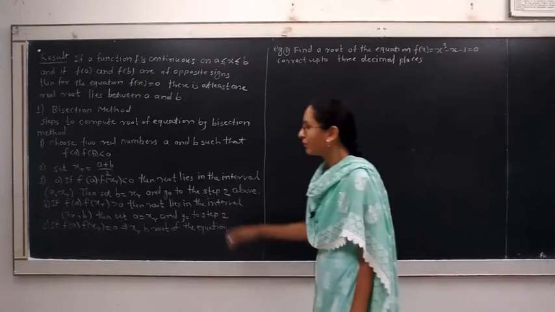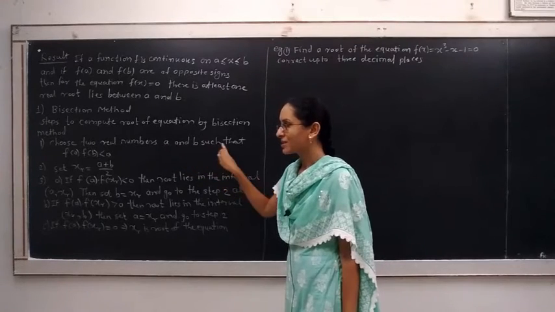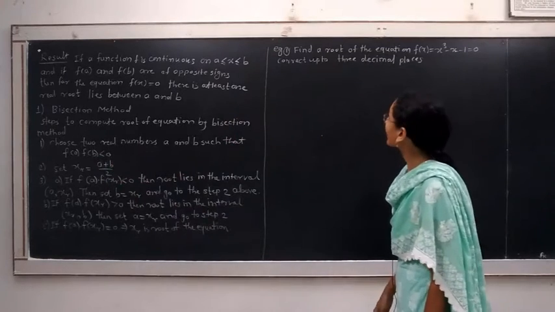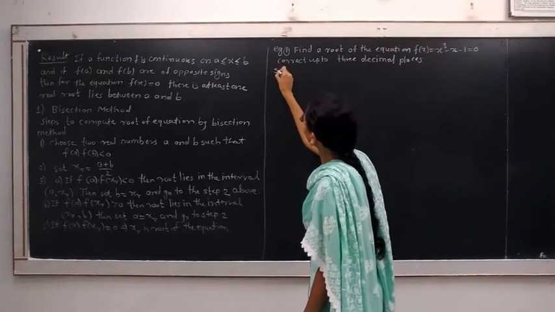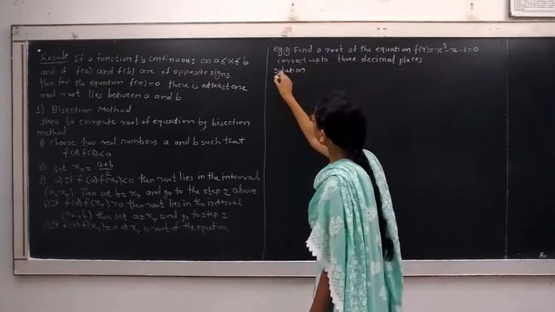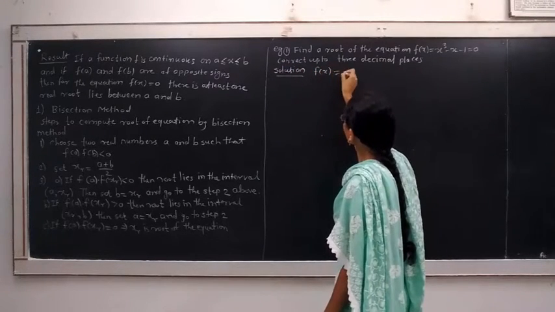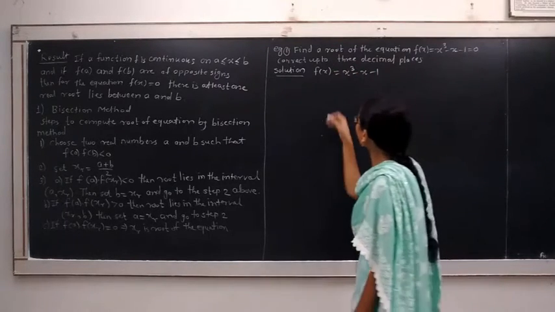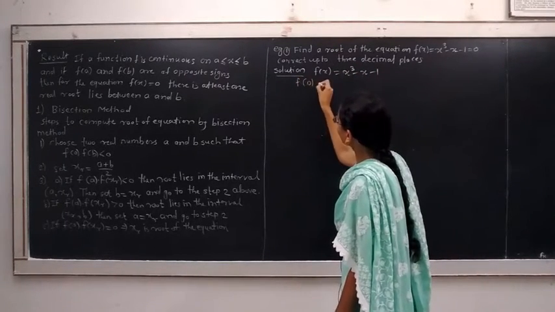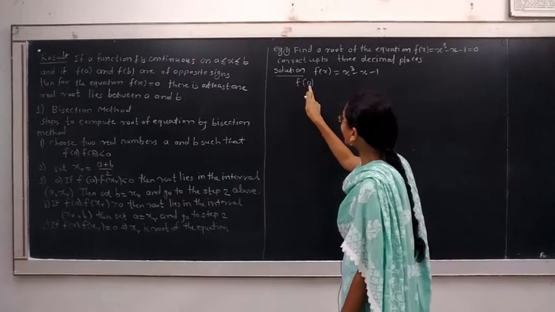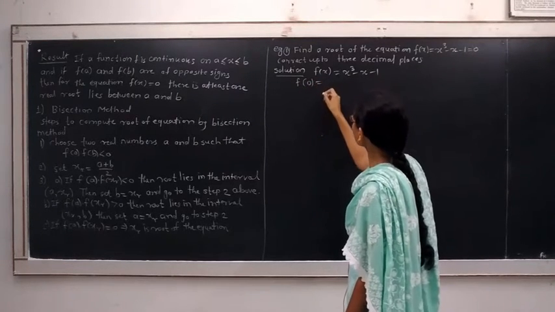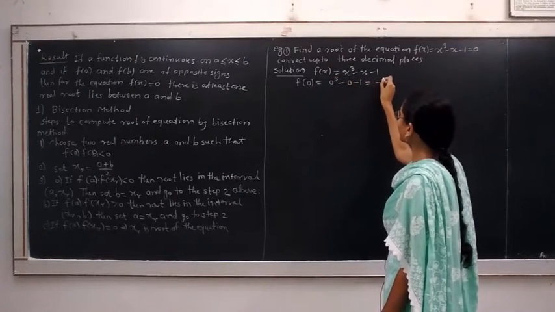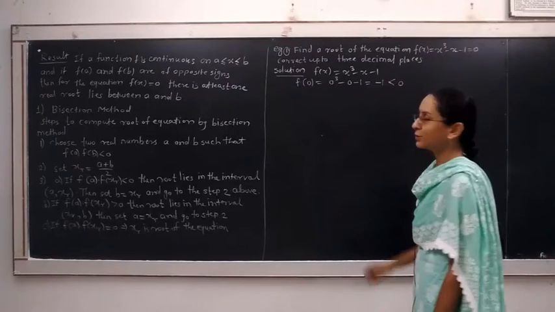For that, we require two numbers a and b such that f(a) and f(b) have different signs. Our function is f(x) = x^3 - x - 1. If we choose x = 0, then we get f(0) = 0^3 - 0 - 1, which is equal to -1, and this sign is negative.